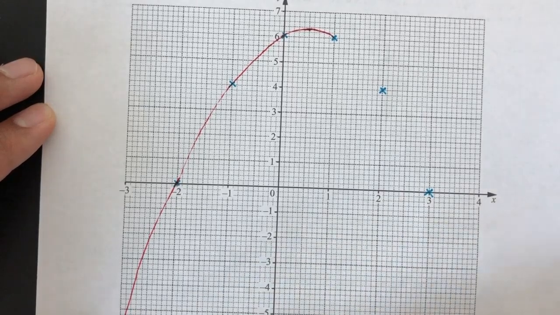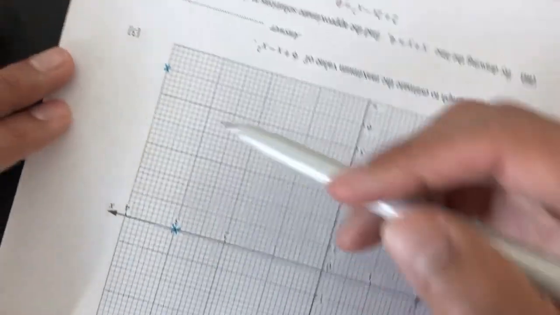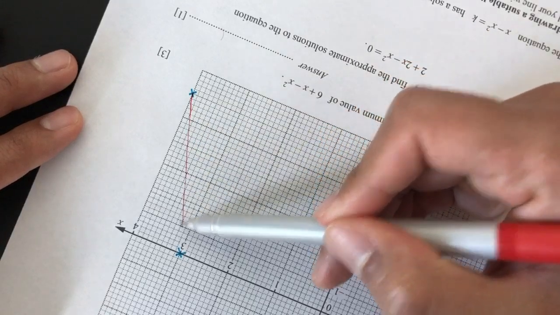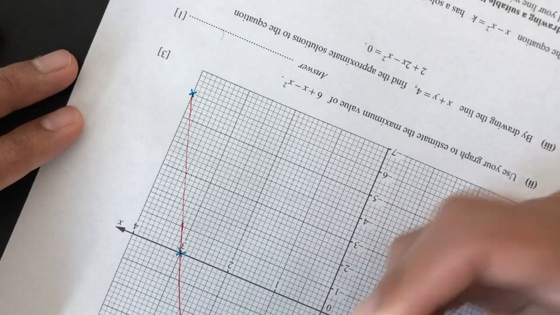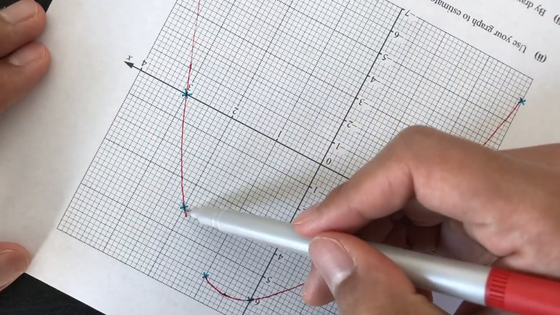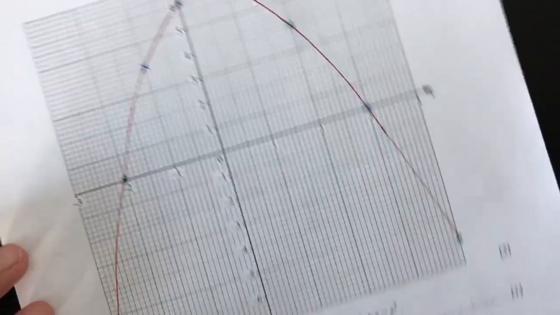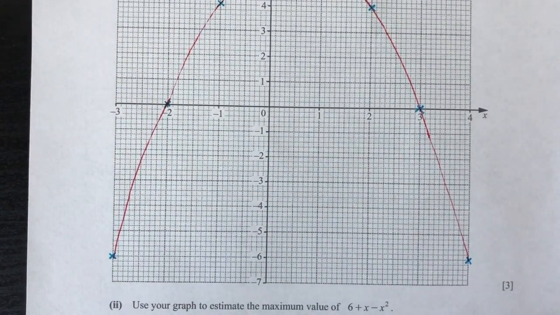Okay, that's the first part. And then we have this part as well. Let me put it this way, I'm more comfortable drawing in that direction. So this will be here. Almost done, and that's it. So that's my curve for this one, and that is question part B1.